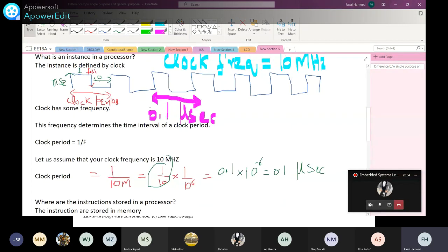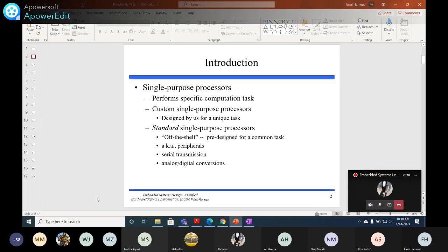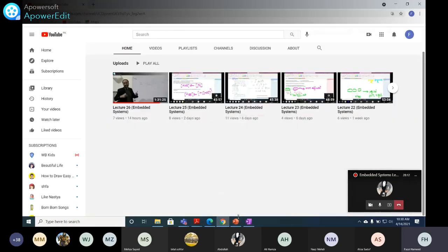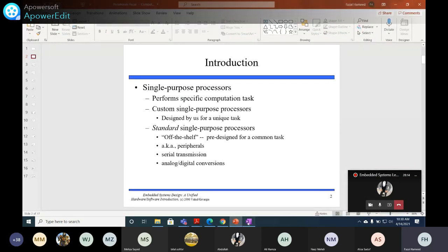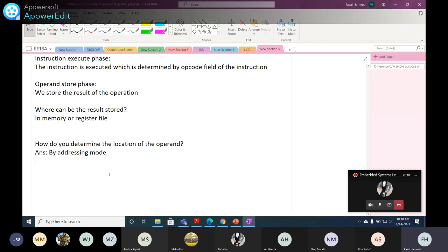Now, all of these examples we have not studied. So these phases, or this architecture of a processor, is it general purpose or specific purpose?